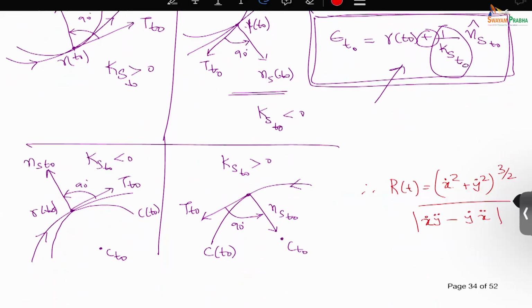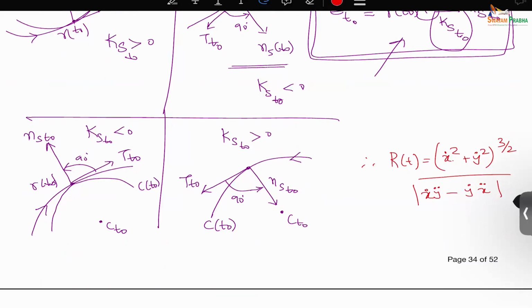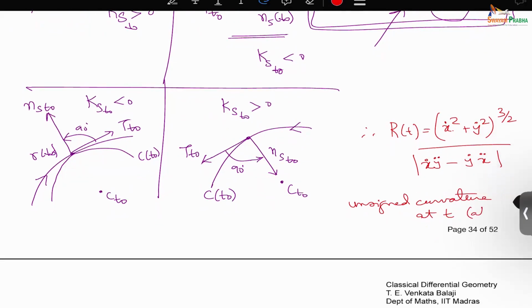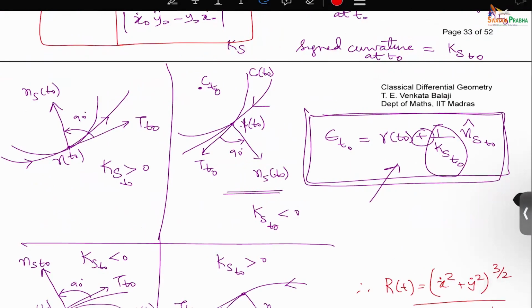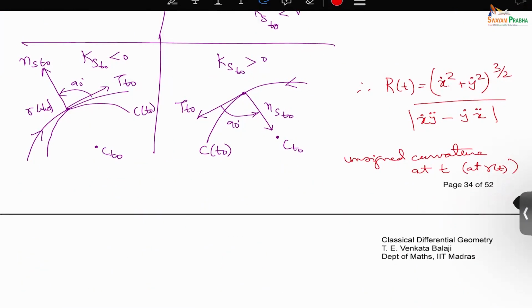All right, and if you want the magnitude of the curvature, not the signed curvature, the unsigned curvature at gamma t, it's going to be the reciprocal of that. So kappa is the Greek letter that is used.